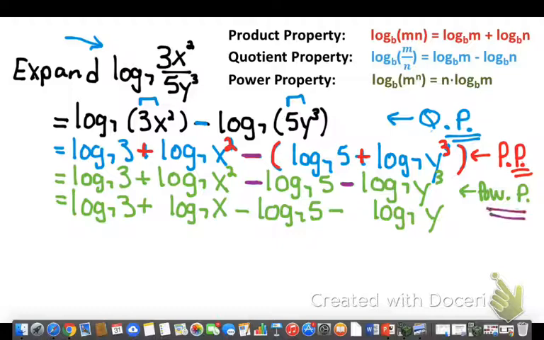And then we used our power property, so our 2 goes in front and our 3 will go in front of this last one. So this is what our answer is going to be for the expanded form. And also notice, because the 2 was not on the outside of the parentheses, only the x was squared. The quantity 3x was not squared, so it's important where the exponent is.